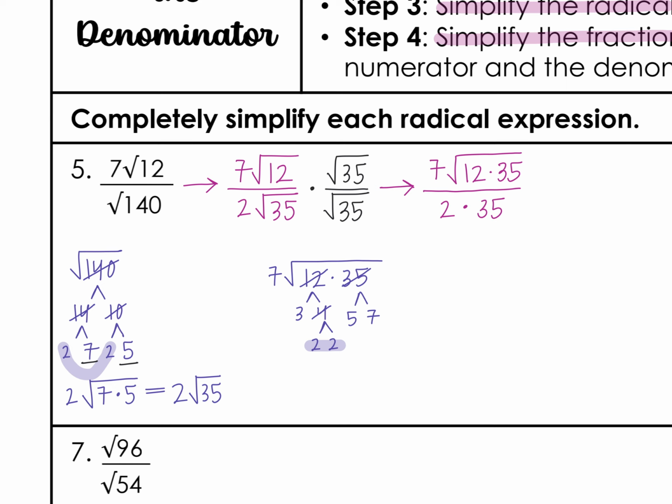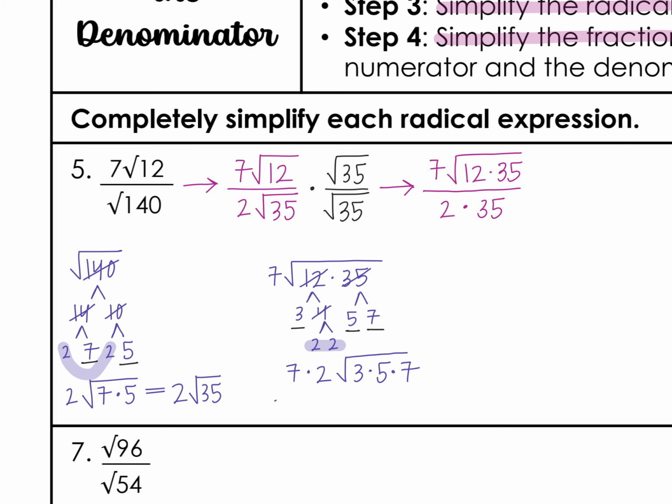Well, we have one pair, and then we're going to have that 7, 5, and 3 left over. So we're going to keep that 7, and we're going to pull out that 2 and multiply them together. And then we have that 3 times 5 times 7 left underneath the radical.